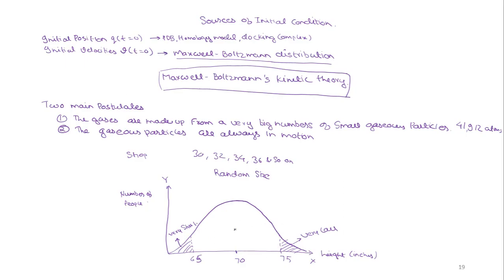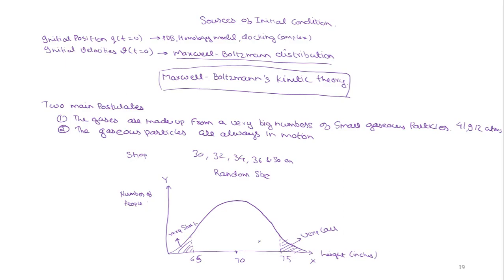Since you already have this probability distribution in hand, you already know the probability of that size appearing, and based on this you can estimate how many people can show up in your shop asking for a specific size of jeans. So we can use such an approach to tackle the velocity distribution problem of individual items as well.